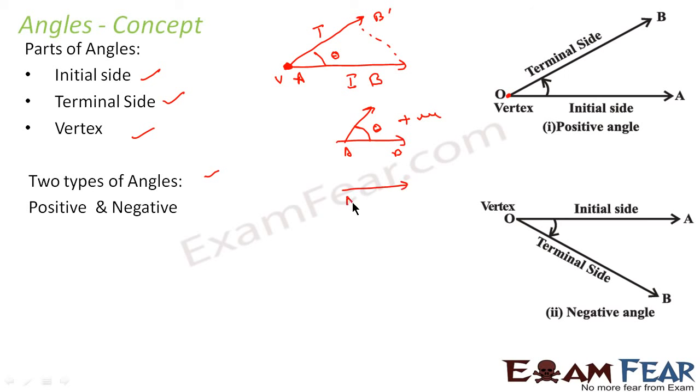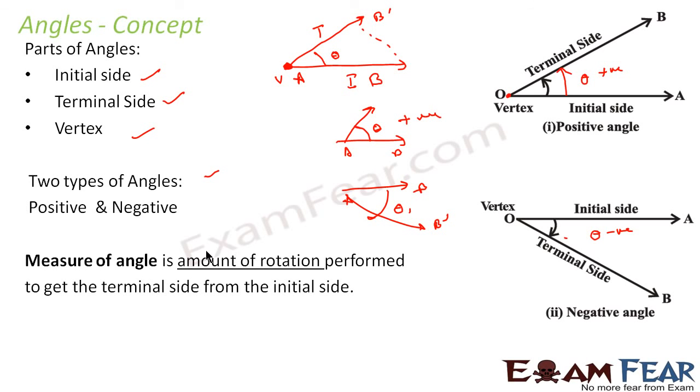Similarly, for line AB, if you rotate this line in the clockwise direction to B dash, this becomes a negative angle. Here if you see, this is the initial side, this is the terminal side. So we have rotated from here to here. This is called O theta positive. This is the initial side. We have rotated this line in clockwise direction. It becomes O theta negative.